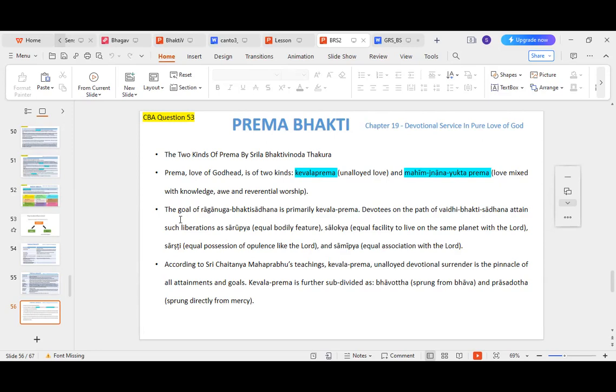That is why we say kevala prema is much sweeter, much nicer for us to relish. So the question will be, what is the difference between kevala prema and jnana yukta prema? You just have to mention unalloyed, which is pure, with no inhibitions, no previous qualification, nothing to be done. It is just pure unalloyed devotion.